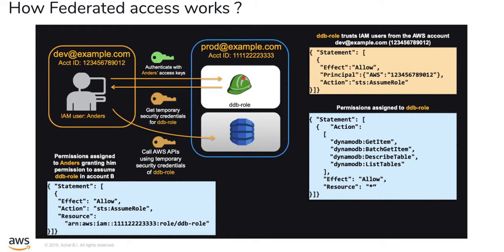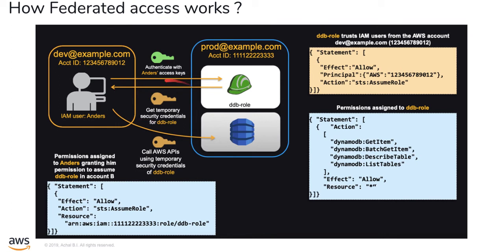This account would give him a role saying that you have a temporary credential which will provide you a DB role, so you can only have API call access for a DB.